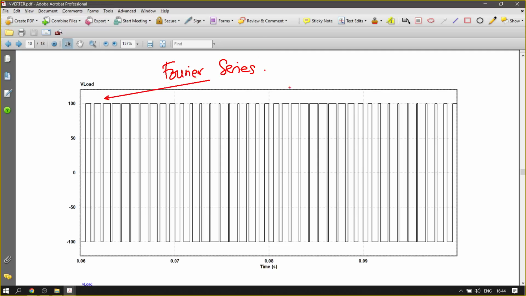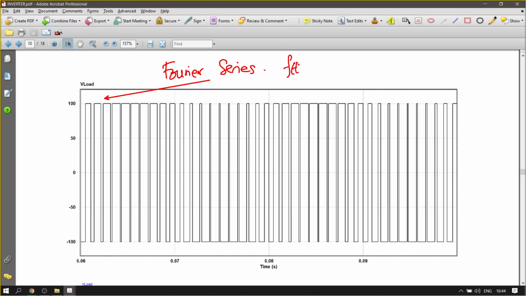Ingat lagi tak Fourier series equation? Ingat tak? Kita ada apa? Yang AN equals to, ingat tak? Then we have BN equals to, saya pun dah lupa dah. Ingat tak? Kita ada apa?